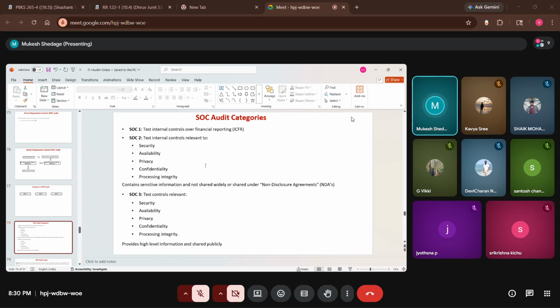In SOC 2 we have five trust security principles, but indirectly we are testing our three ITGC controls: user access management, change management, backup operation. They have been detailed and then segregated into these five areas.